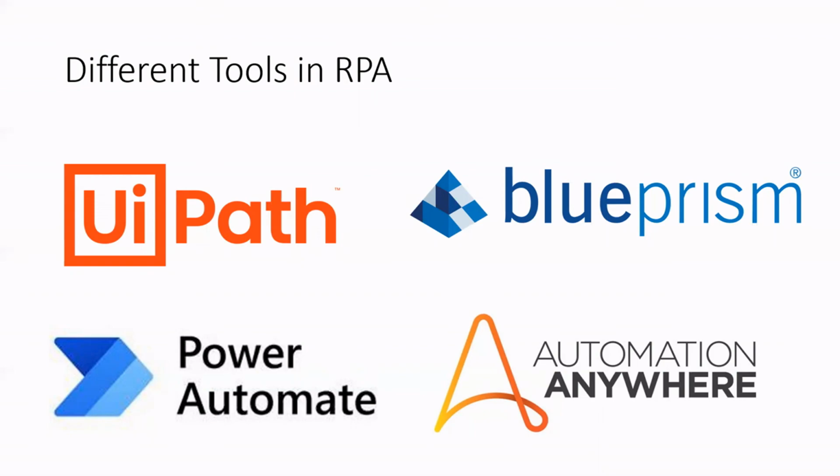Then Automation Anywhere is another company which provides RPA software. So these are the top companies, the market leaders in the RPA field. There are a few more companies, but these are the market leaders in the RPA field. So this is all about the introduction to RPA.